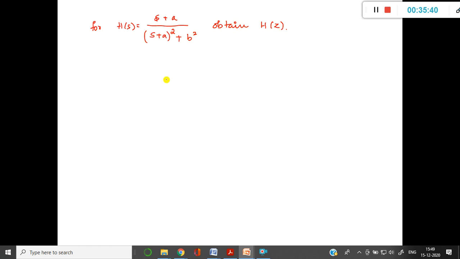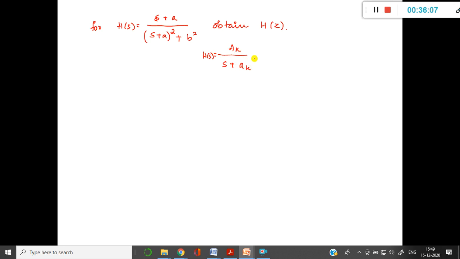Okay, now you need to solve this, because look at the denominator. Once again, you don't have a standard form directly. You have a standard formula to apply only if you get h of s in the form of summations.